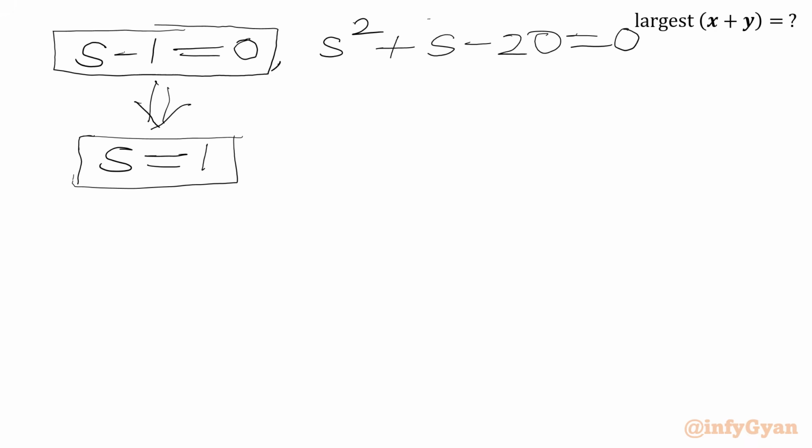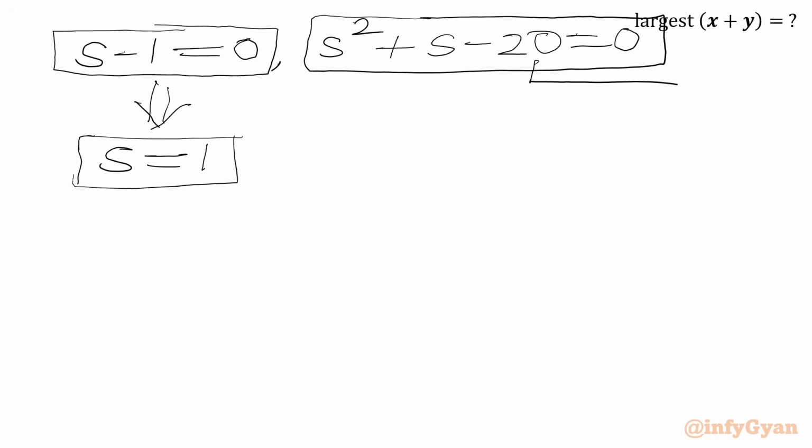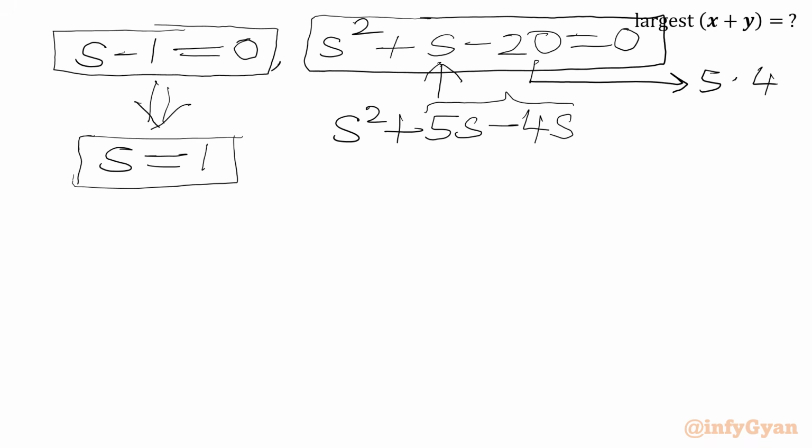Now we are going to solve this quadratic equation. I will use the method of factorization, as we can see the factors of 20 are 5 times 4. So I can split our middle term 1S as 5S minus 4S. So S square plus 5S minus 4S minus 20 equal to 0.